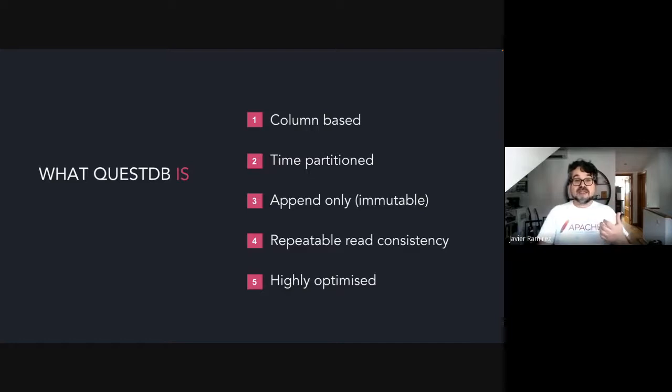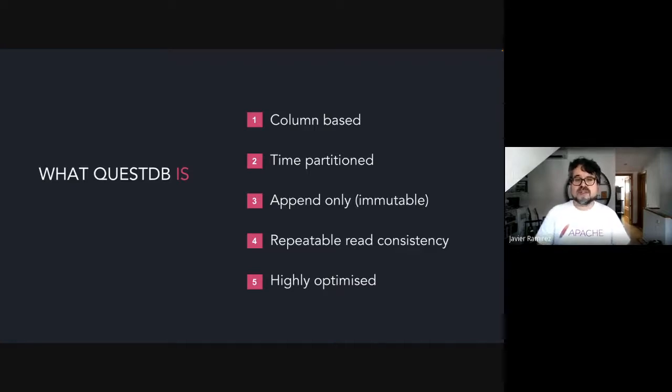We don't need indexes. Actually, on QuestDB, we don't have the concept of an index because we write the data in chronological order. Until recently, until just a few weeks ago, we didn't support updates. If you wanted to update data, as it happens with other big data systems, you would have to insert a new row and do some tricks to simulate an update. But as of a few weeks ago, we released a new version.